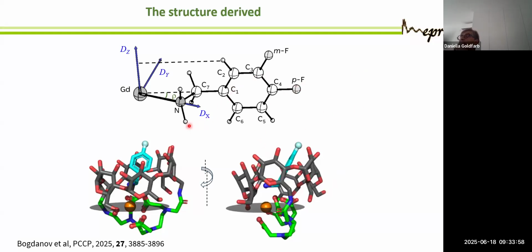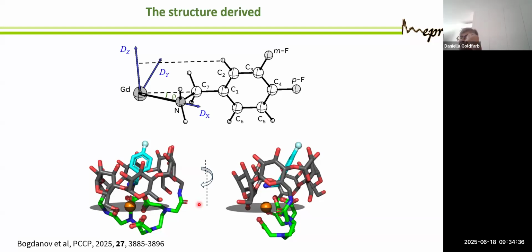Here is, I think, the benzene ring, and here is the nitrogen, and we have this distance, and we have the orientation relative to the zero field splitting, and here you can see how it goes into this cage, and this is the plane of the ZFS tensor.